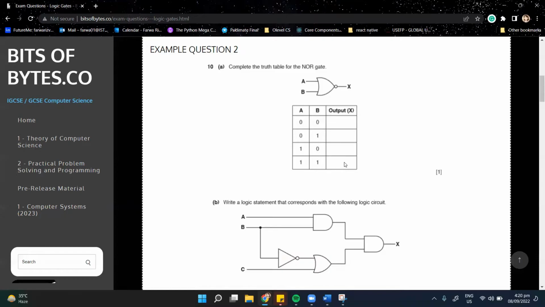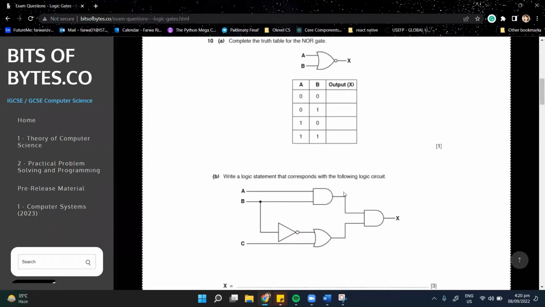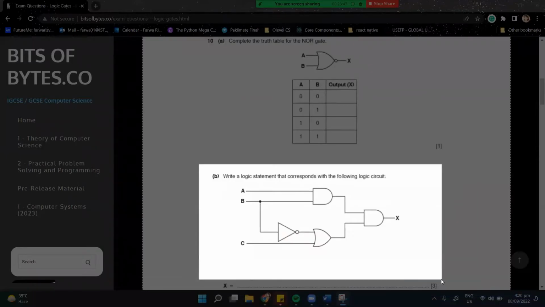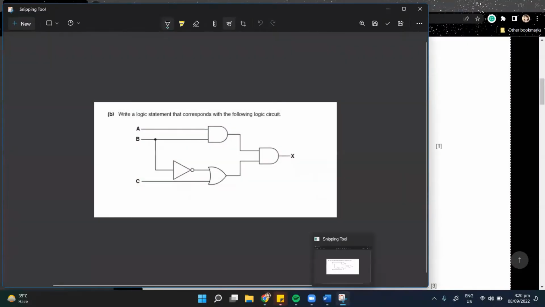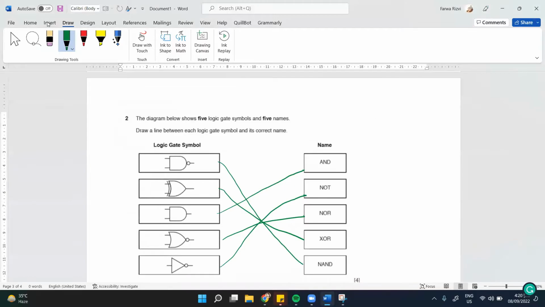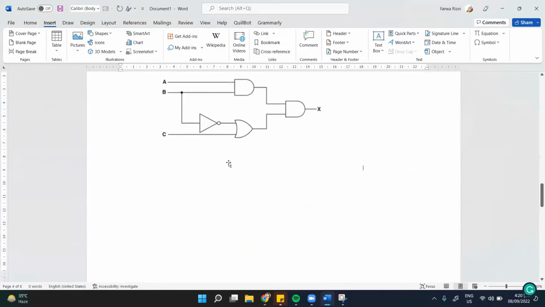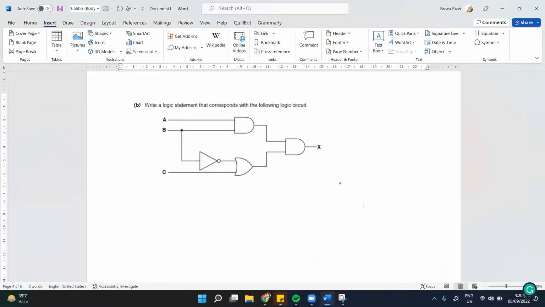Okay. Write a logical statement that corresponds with the following logic circuit. I'm going to make this on the Word file so that you can get there. For this logic circuit, could you try making a logical statement, a Boolean expression, like we did last class?